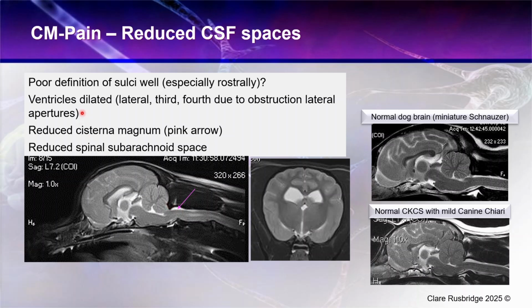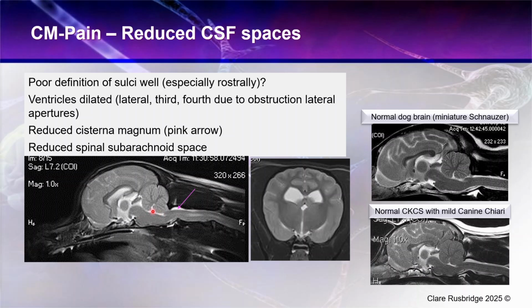And then we get dilation of the ventricular system, and importantly in this disease it's usually dilation of all four ventricles: the lateral ventricle, the third ventricle, the mesencephalic aqueduct is often dilated, and the fourth ventricle is often dilated. The fourth ventricle should be a slit like that and like that, and that is because CSF outflow through the lateral apertures is being obstructed.